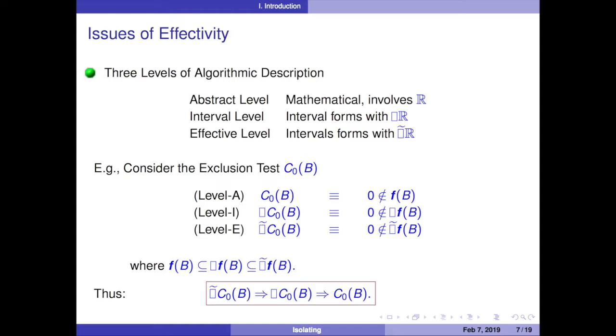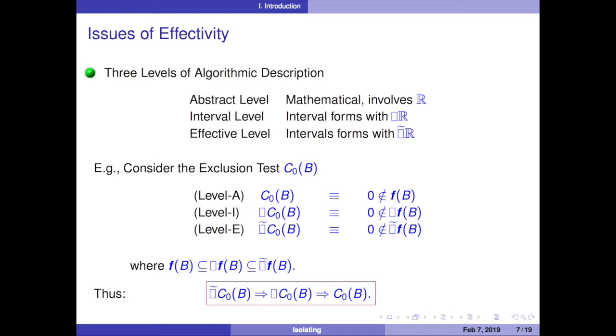Now, what people have done is go one level down. They say, well, you can't do it exactly. You have to approximate, and you have to guarantee that what you compute is correct. Give bounds. So you have the functions, you have interval forms of those functions, and I write box R for the set of intervals with real numbers as endpoints.